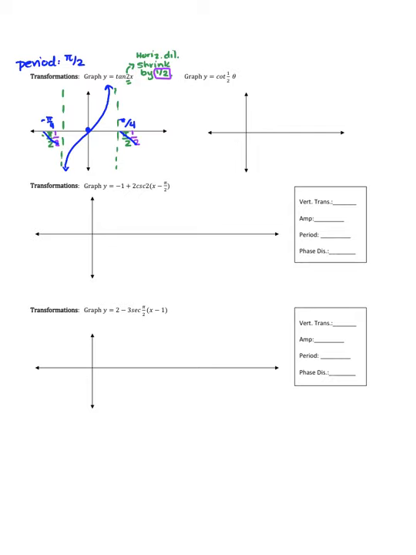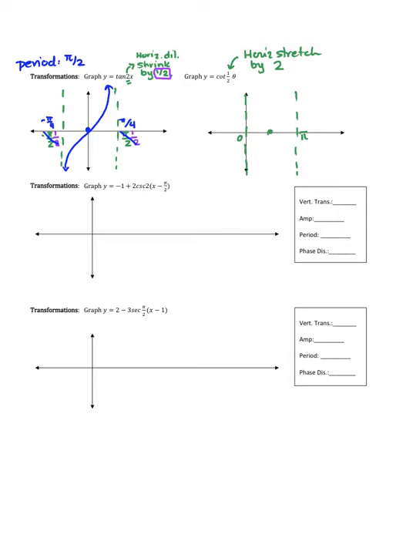So now let's look at cotangent. Cotangent, remember, had an asymptote at 0 and an asymptote at pi. And so now this one is a horizontal stretch by a factor of 2. So what am I going to do?